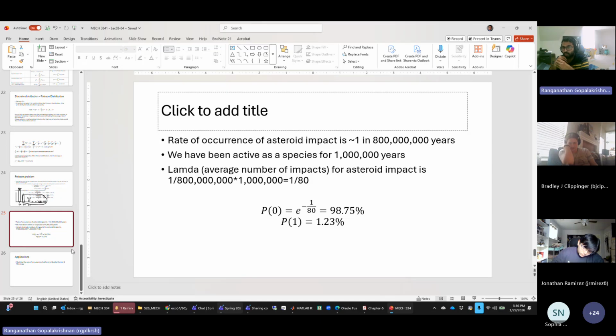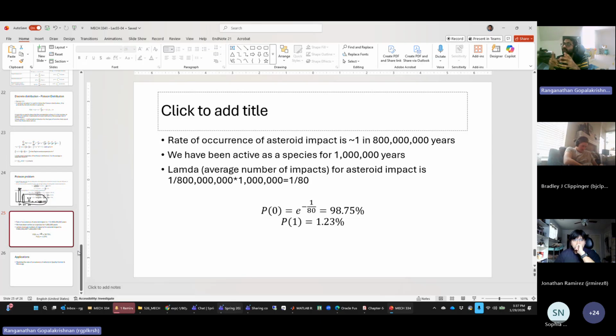It is over this 1 million year period. If you ask the question, will it hit in the first 1,000 years or last 1,000 years or some middle portion? That is a good question. It does not describe that. It treats the entire period like one unit. It's a 98.75% chance that it will never happen in that 1 million years.